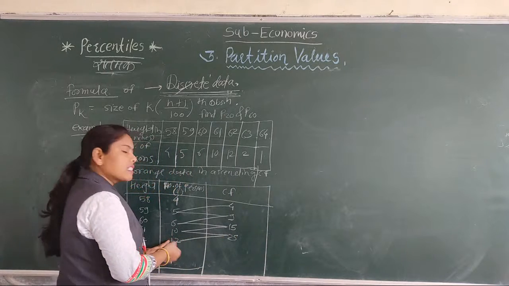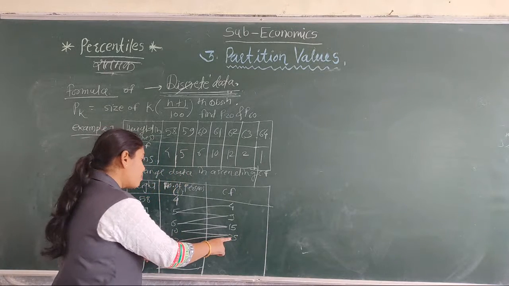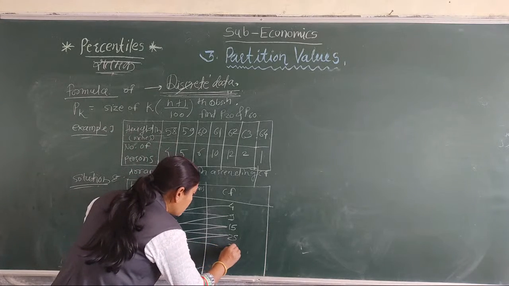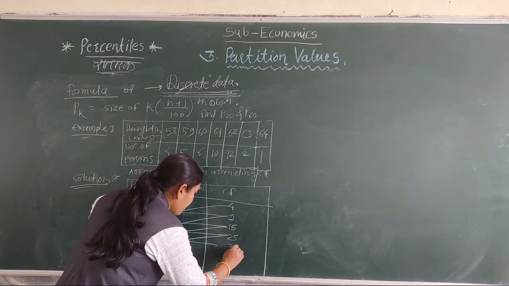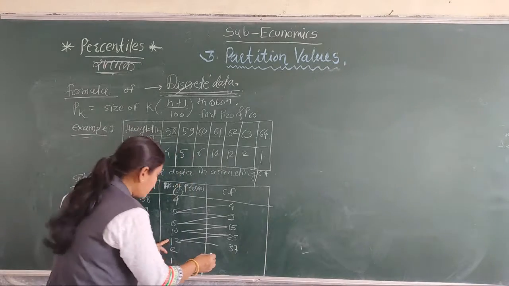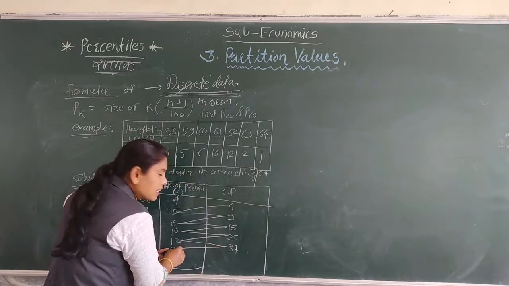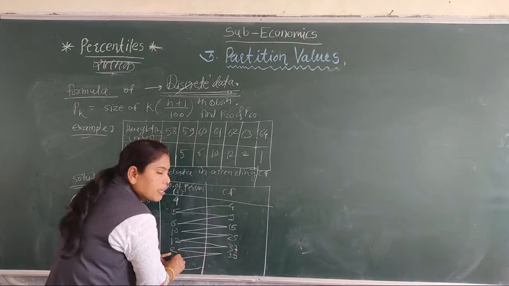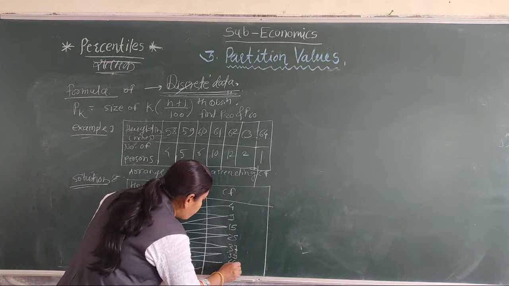Then add the next frequency: 25 plus 12 is equal to 37. Next, 37 plus 2 is 39, and the last, 39 plus 1 is equal to 40.